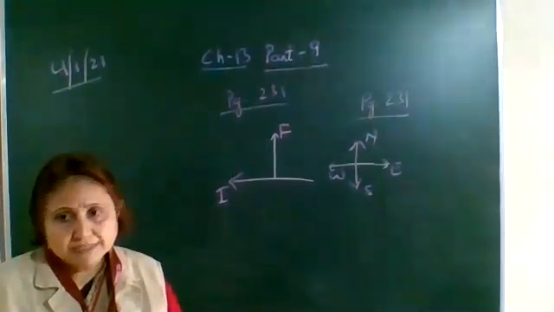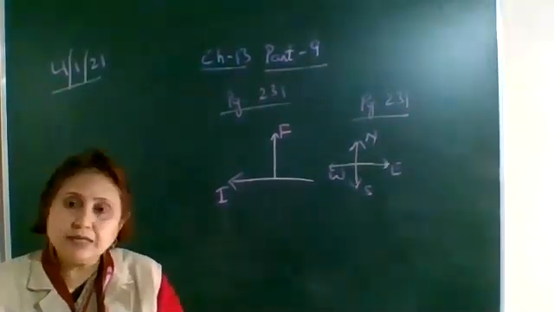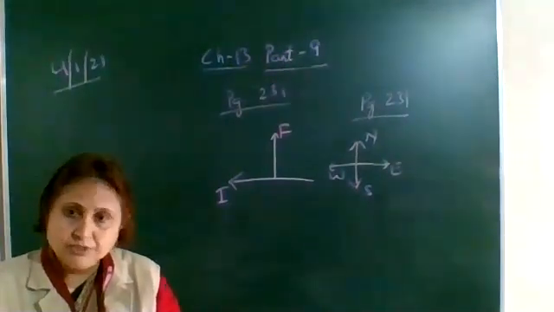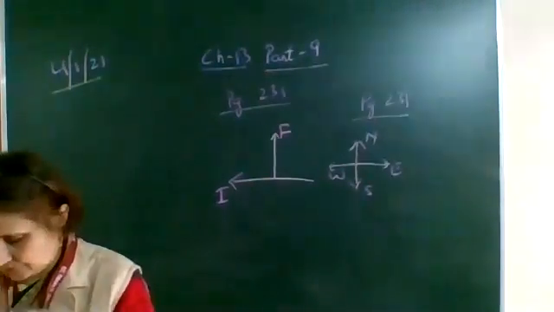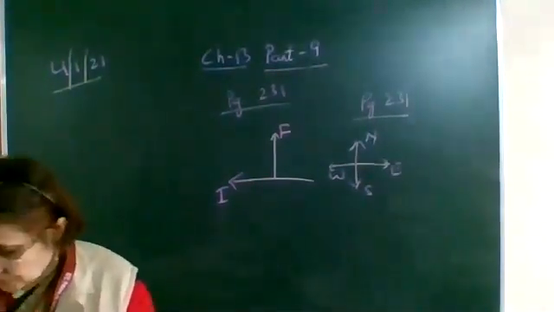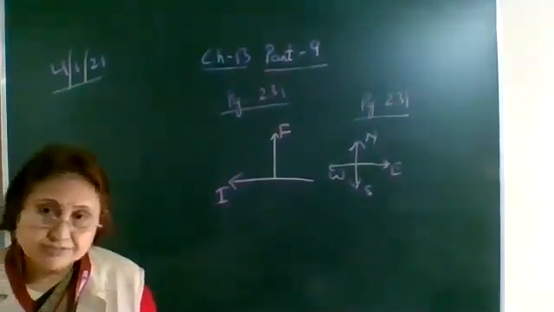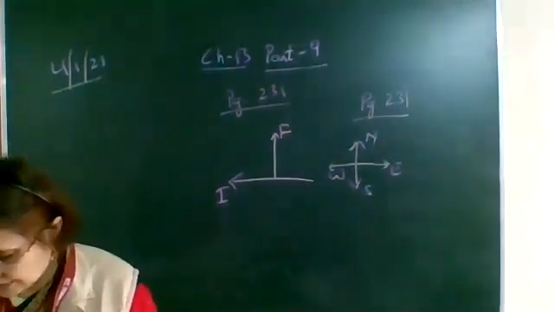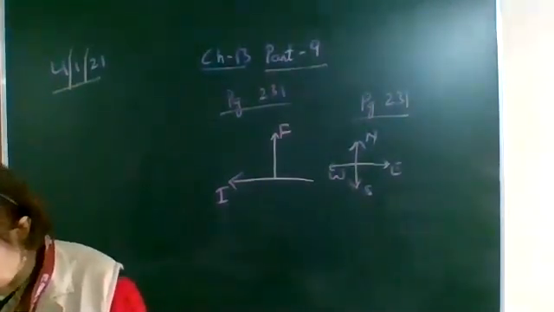So here we'll discuss in brief, but after the topic electromagnetic induction. So the next topic which will start is electromagnetic induction. This electric motor is based on the same rule which we have studied, Fleming's left-hand rule. We'll discuss it later. Okay, so page 233, electromagnetic induction.